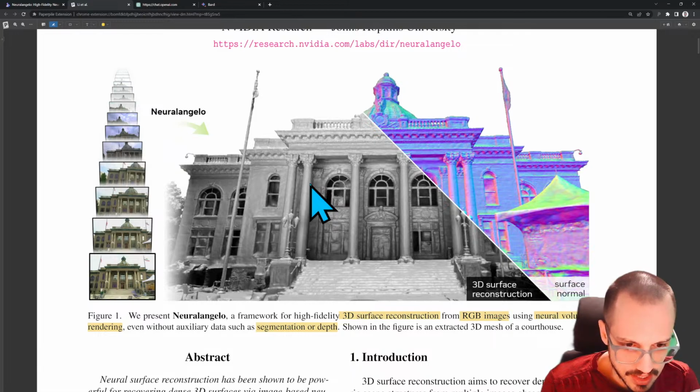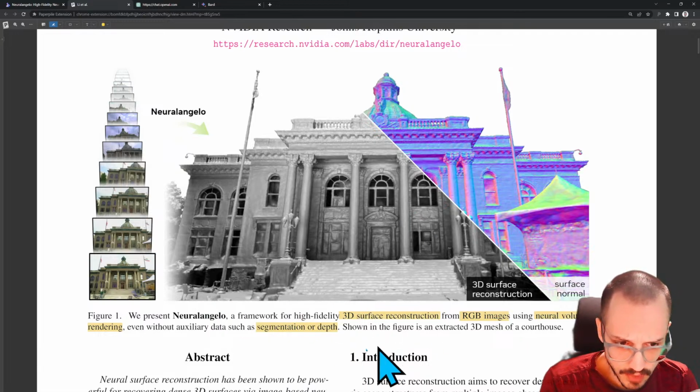Implicit depth would be the depth that you get from a stereo camera. Explicit depth would be the type of depth that you get from a structured light sensor or a LiDAR or something like that. There's different ways to get depth, but it sounds like they're not going to be using any of those crutches. And here we have the 3D mesh for a courthouse.